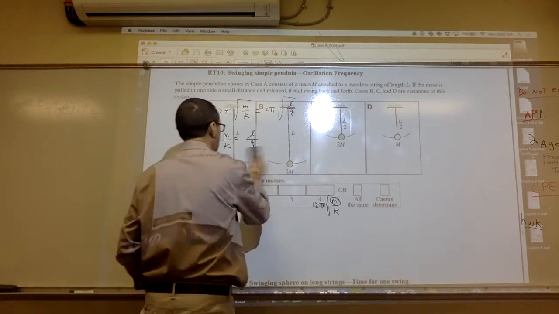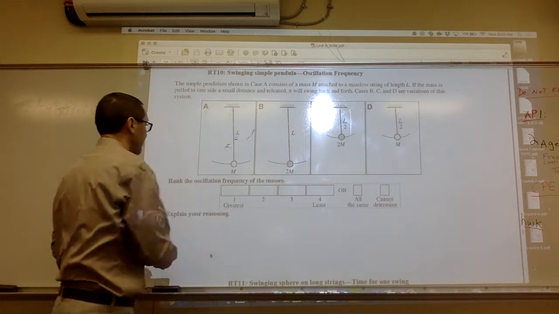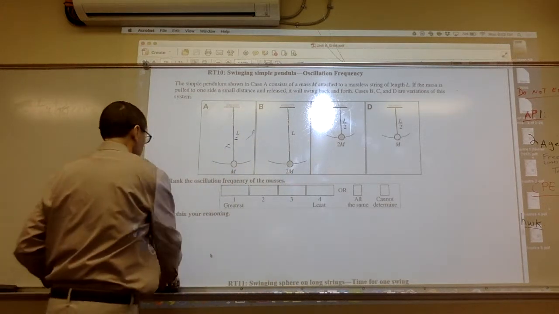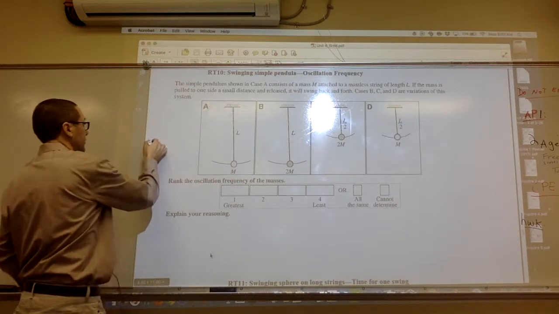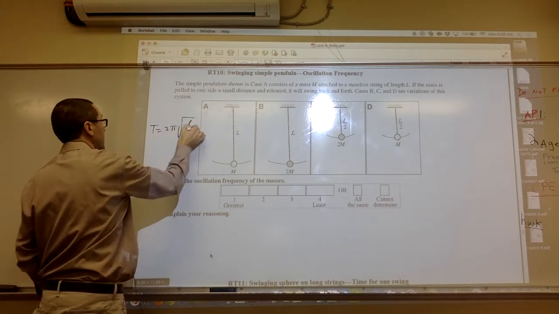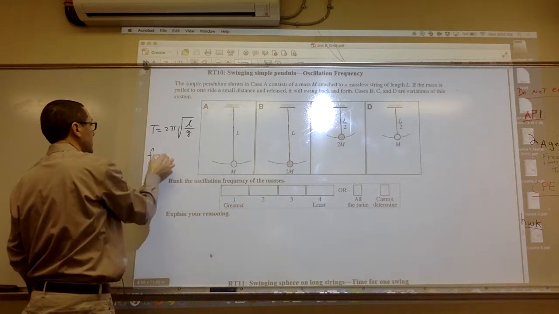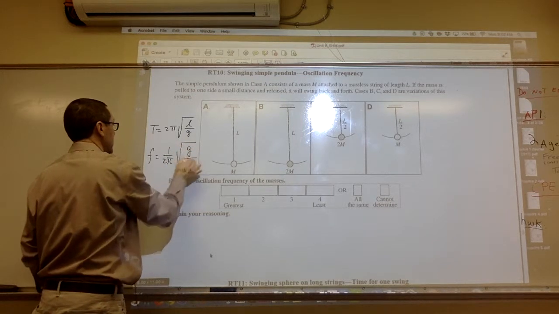Let's look at these ranking tasks. Now we're trying to rank the frequencies. The period is 2 pi square root of L over g, which means frequency is 1 over period, which is that expression there.